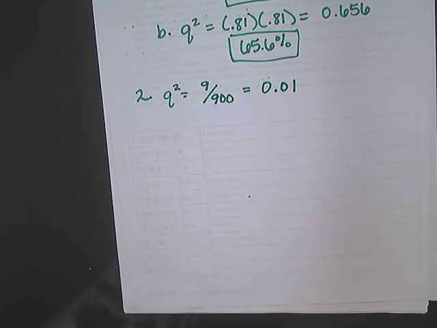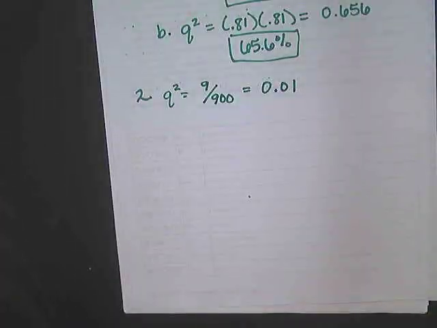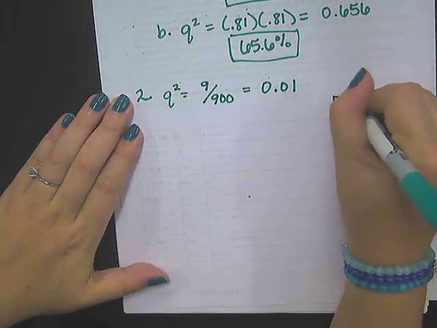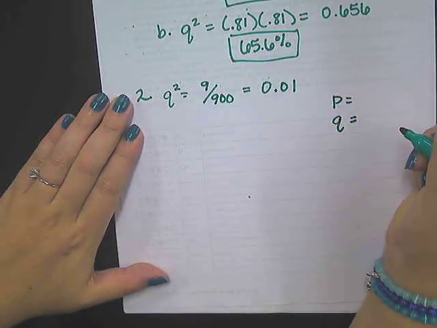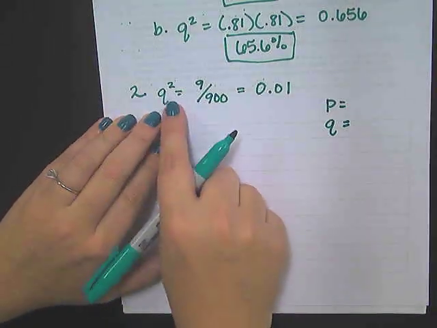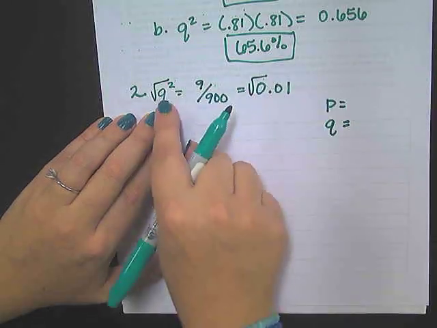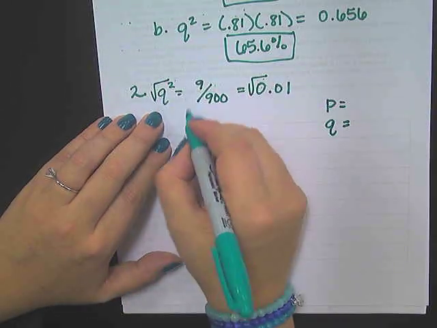What we're looking for in order to be able to calculate the allelic frequencies in your population, we're looking for p and q just by themselves. So in order to solve for q, I've got to get rid of the square. And I can get rid of the square by taking the square root. And whatever you do to one side of the equal sign, you've got to do to the other.